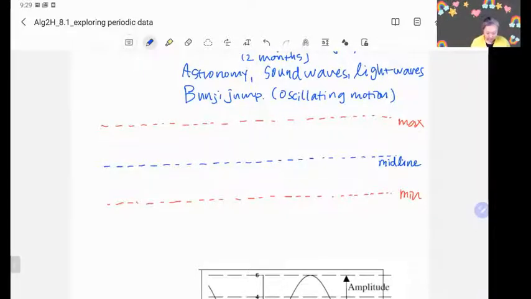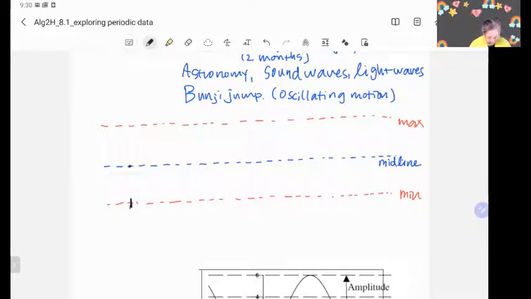Then what could be the shape of this periodic motion? Let's imagine an object starts in the middle, at 0, the beginning point, on the ground. This is the 0 level, and it starts from here, right?